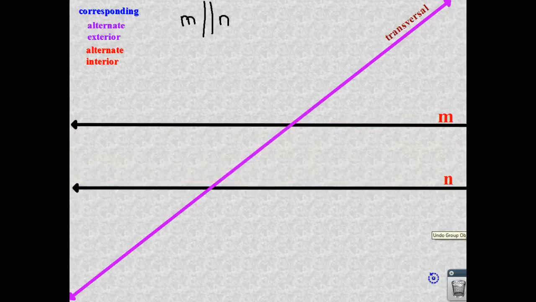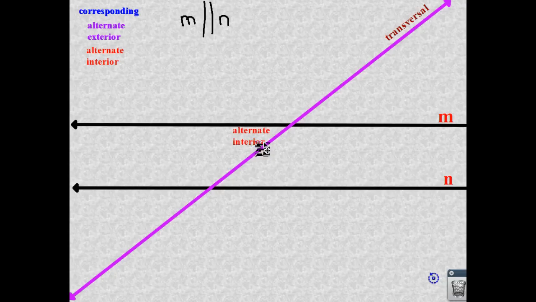Okay, so let's put some labels on there real quick. We could begin anywhere. Let's just start on the interior. That always seems to be the easiest one. So if I go on the inside, recall these are all the interior portions or interior angles of your parallel lines, and I'm going to find the partners that match up with it.